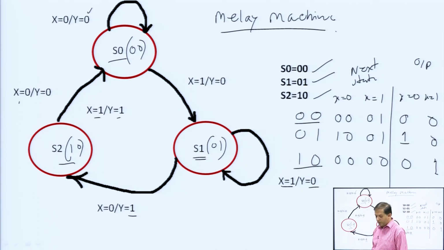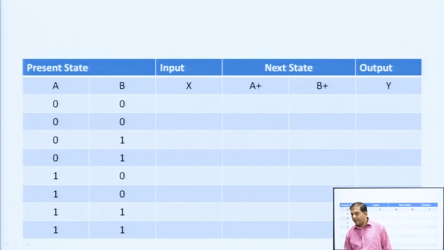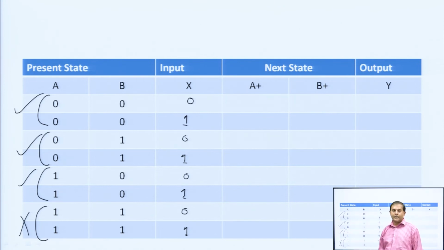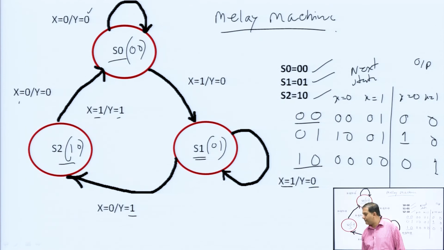So, now we are going to rewrite it as the previous one. See, for all the combinations 0 0, we are having 2 combinations 0 and 1, and so on. Now, we have taken this state is valid, this state is valid, and this state is not given in the question, right. So, we will just complete the table.